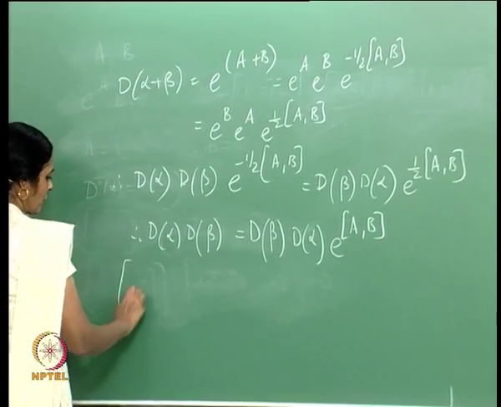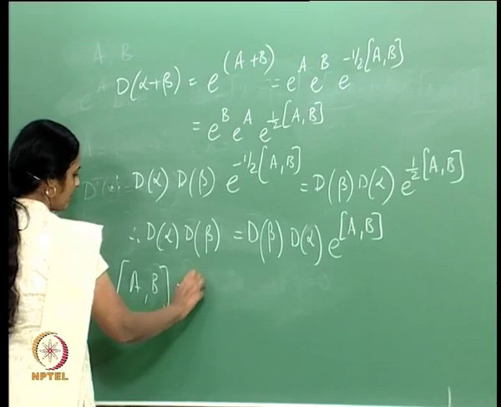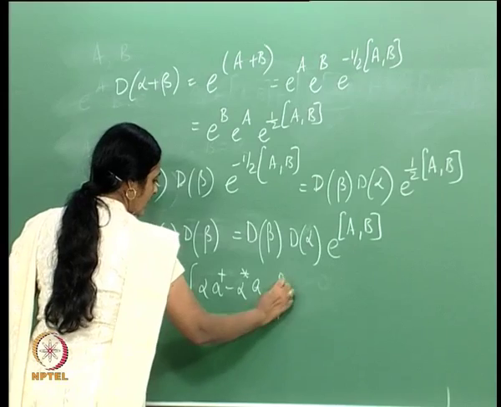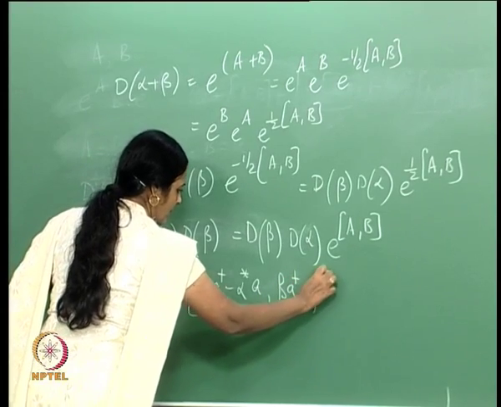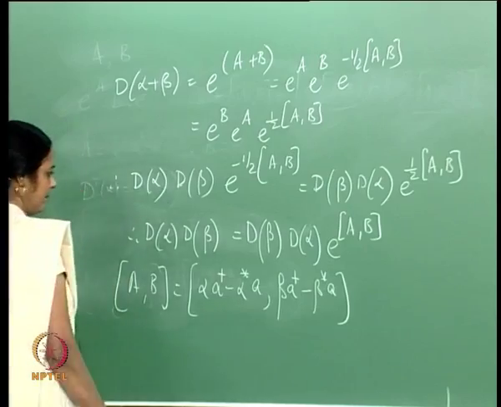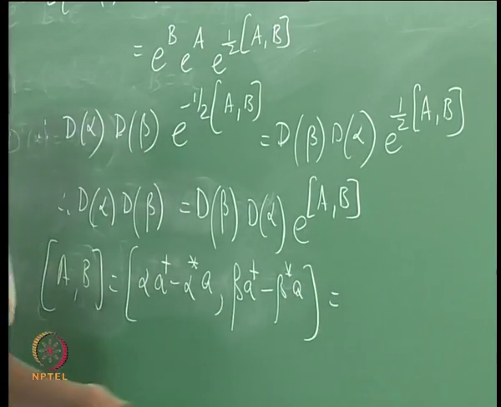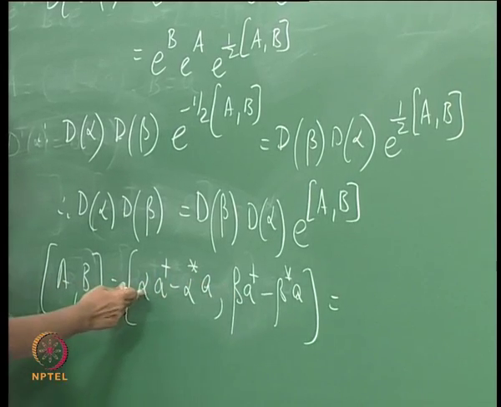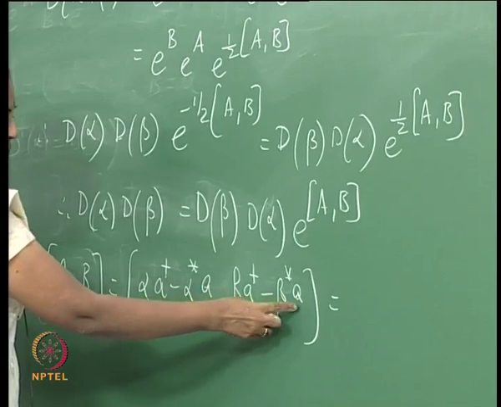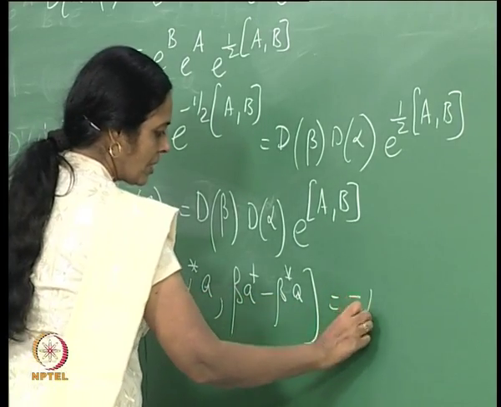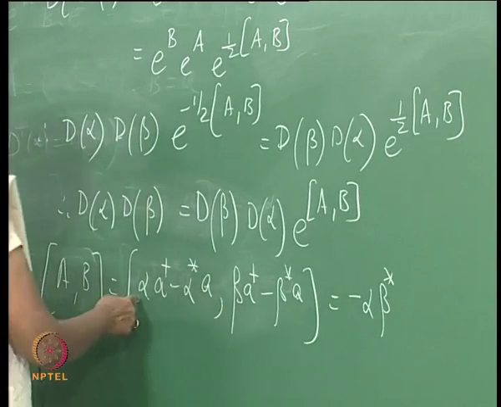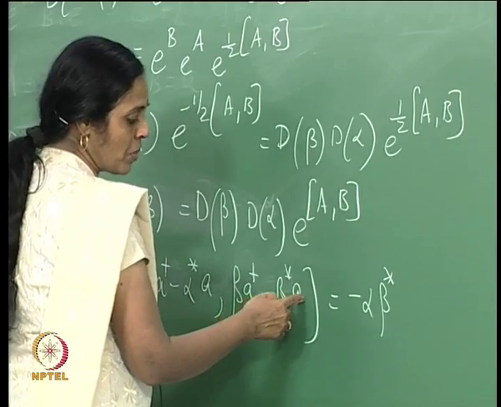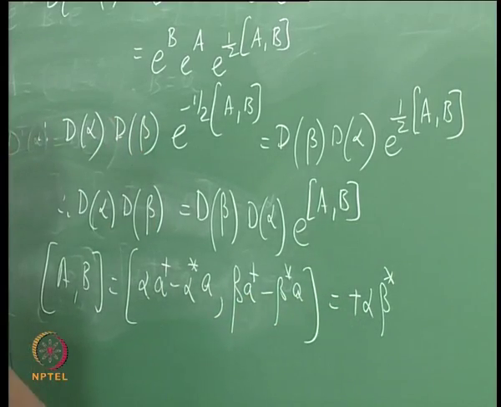Now, what is the commutator of A with B in this case? Alpha a dagger minus alpha star a, commutator with beta a dagger minus beta star a. Alpha a dagger commutes with beta a dagger, but alpha a dagger with minus beta star a gives a contribution, which is alpha times minus beta star commutator of a dagger with a, which is minus 1, therefore giving a plus sign there.